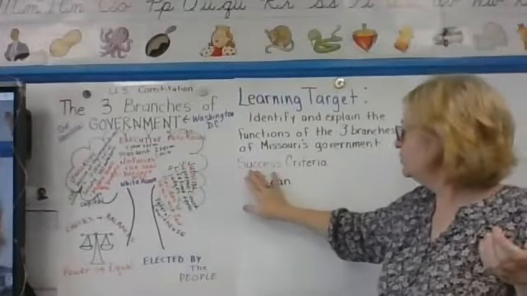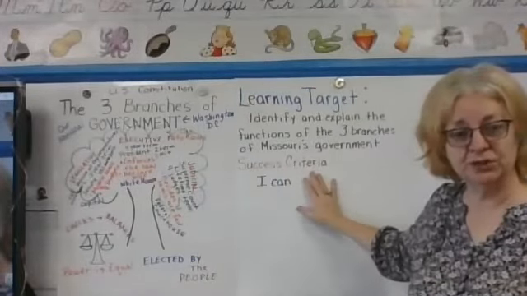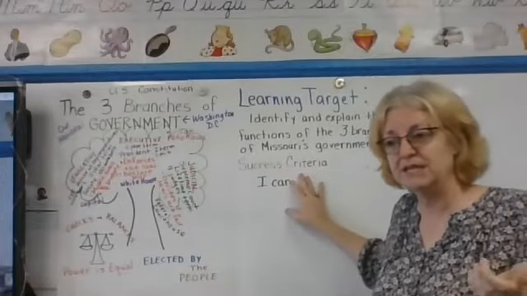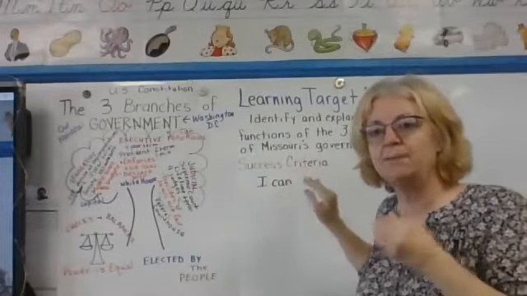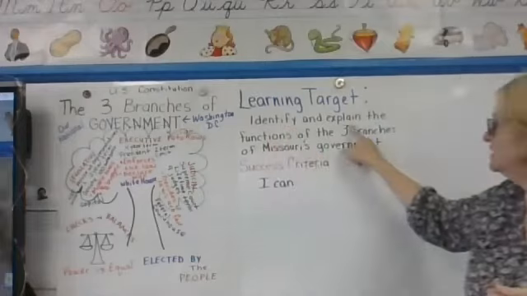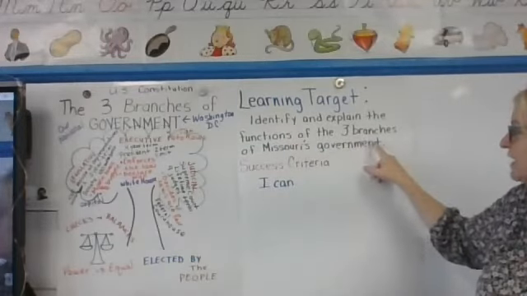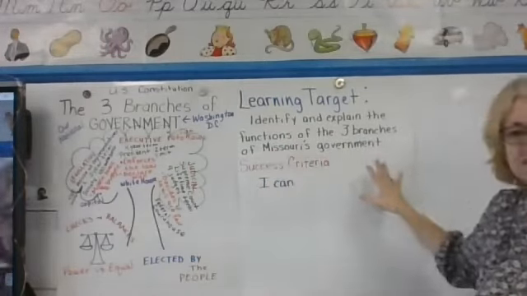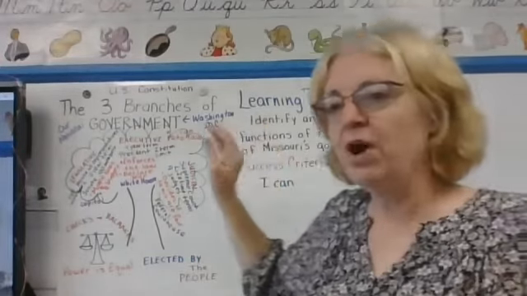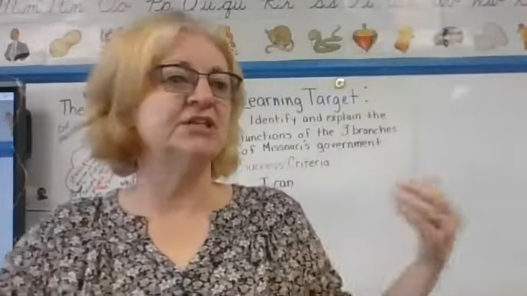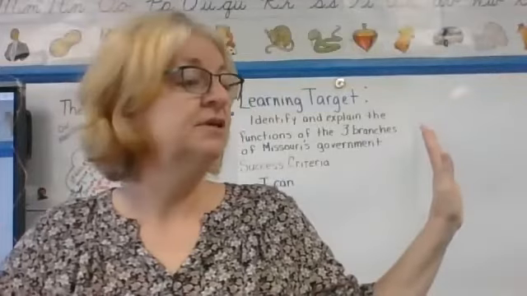And today we're going to use success criteria to do that. And success criteria means how can I prove that I can identify and explain the functions of the 3 branches of Missouri's government. We often say in this class, organization is the key to success.